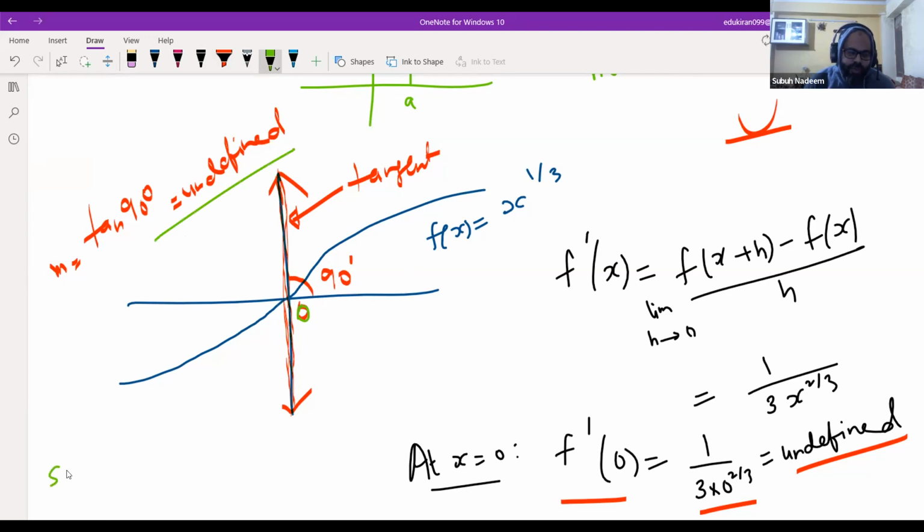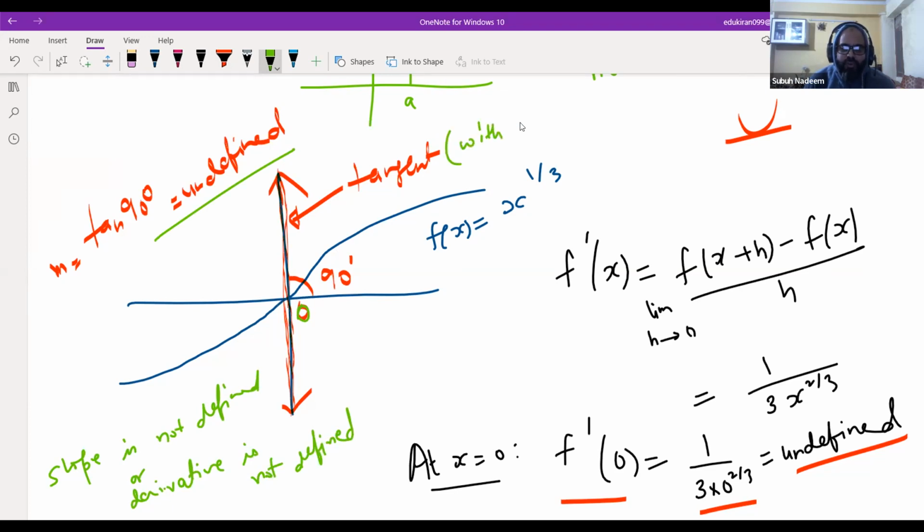You can say slope is not defined, or you can say derivative is not defined; both are the same thing. But the tangent exists, a tangent with undefined slope. So this is all you have to understand.